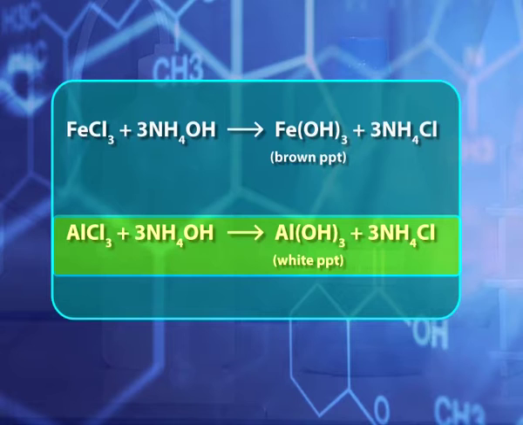But if suppose aluminum ions are present in the solution, then when we add this reagent, that is ammonium chloride solid followed by dropwise addition of ammonium hydroxide, then we get a white precipitate of aluminum hydroxide. So, you can see that there is a difference in the colors of the hydroxides of the two cations.